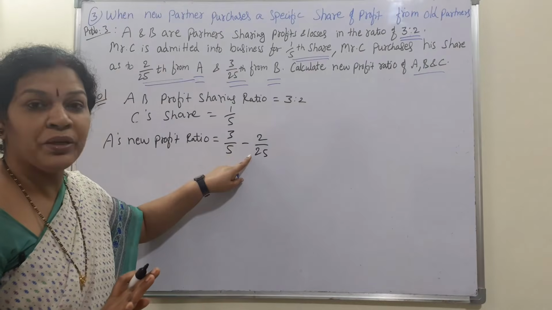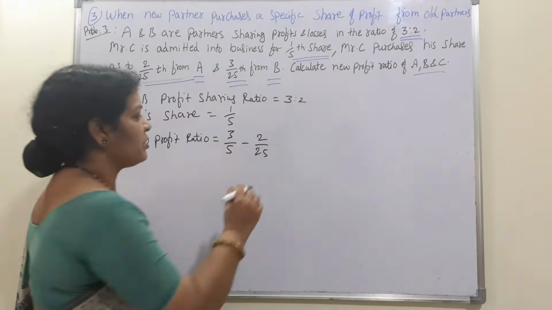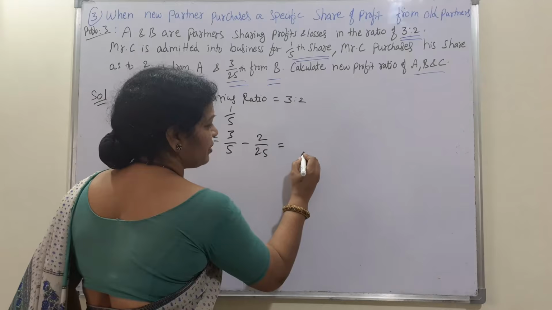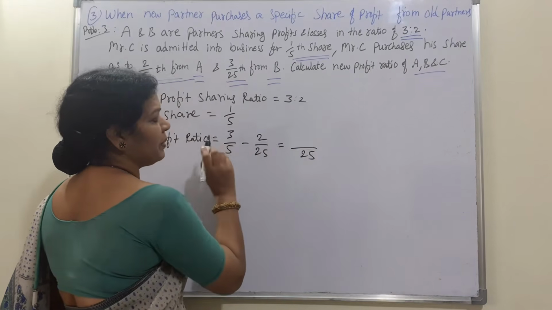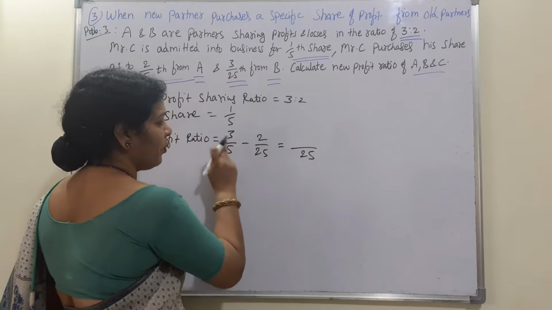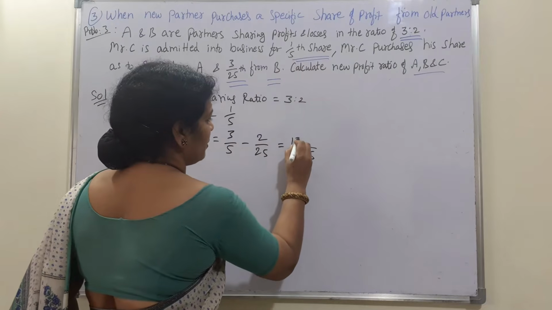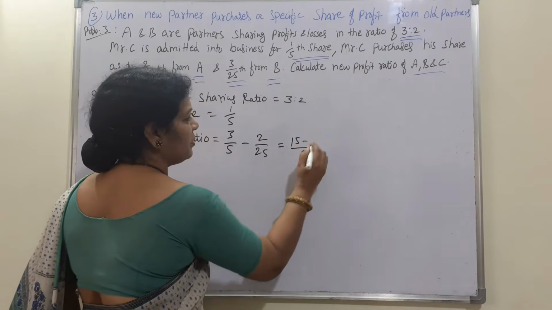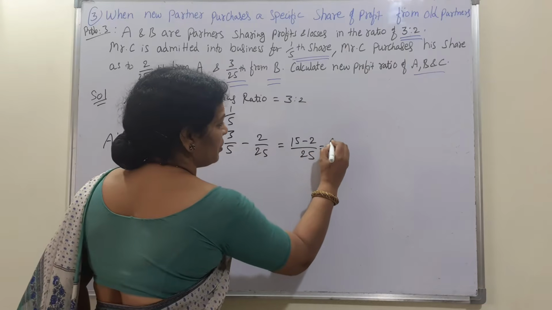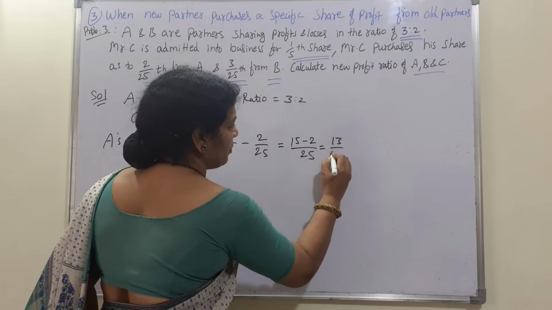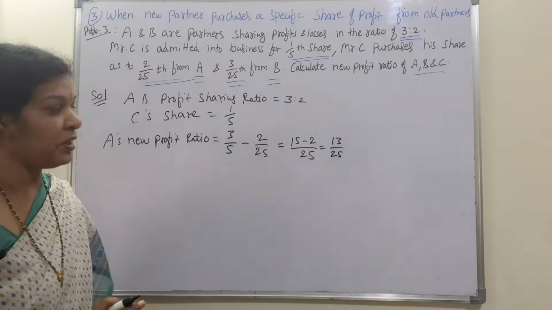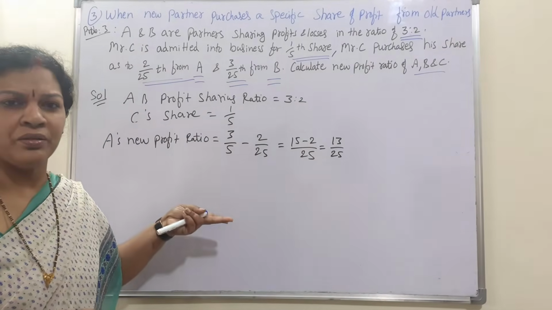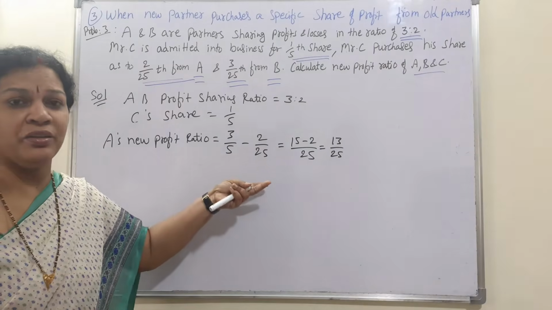He is giving 2/25. Means how much is left? If you take LCM, 25. 5 5s are 25, 5 3s are 15. 15 minus 2 is 13/25. So A's new ratio is 13/25. Simple. Old one minus whatever is sacrificed, that is deducted.